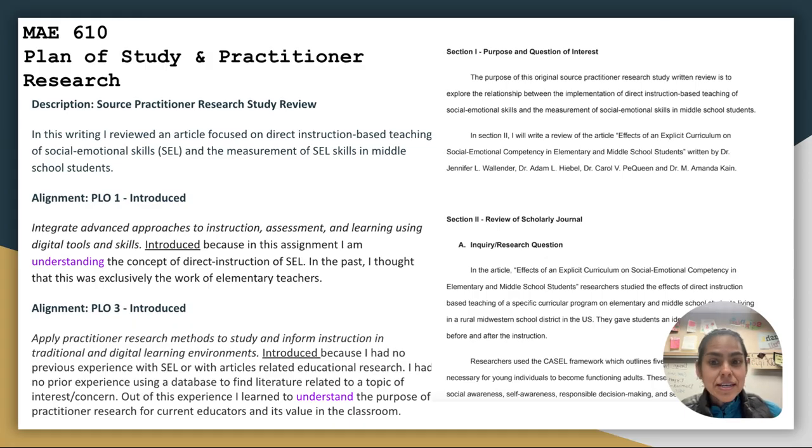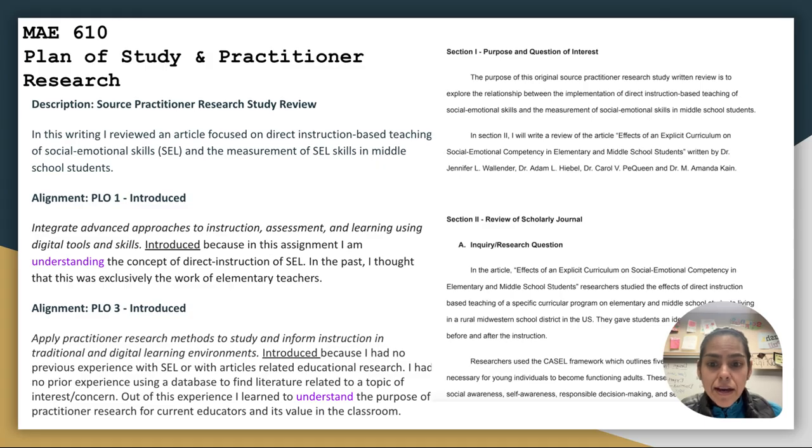So for alignment, PLO 1, I chose introduced, because I am honestly just barely understanding the concepts of SEL and direct instruction of it. In the past, I thought that these concepts were exclusively for elementary school teachers, and it wasn't until after we returned from COVID and distance learning that I really saw a huge lack in these skills in my incoming sixth graders, and I wanted to learn more about it.